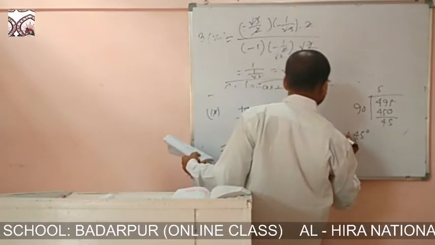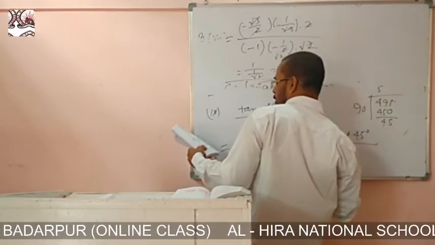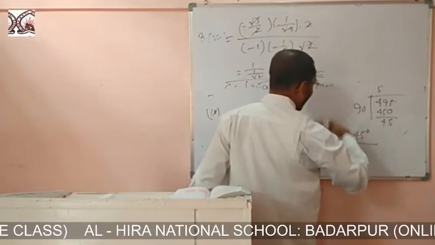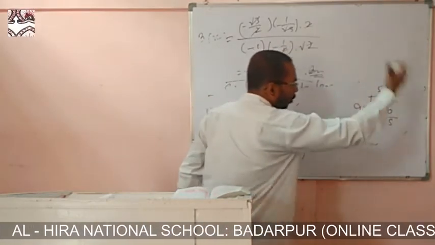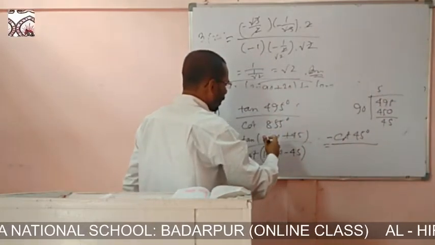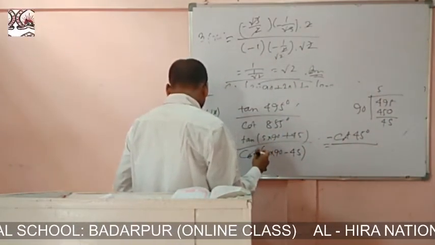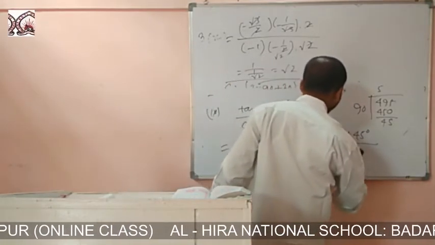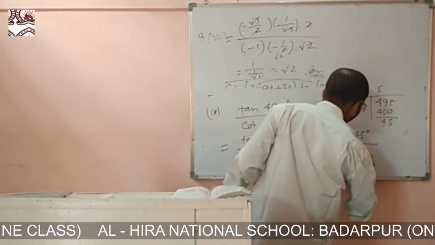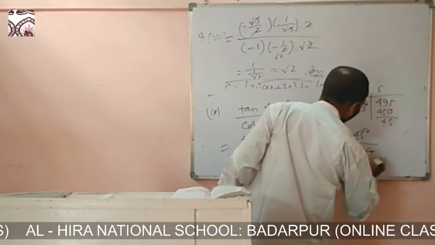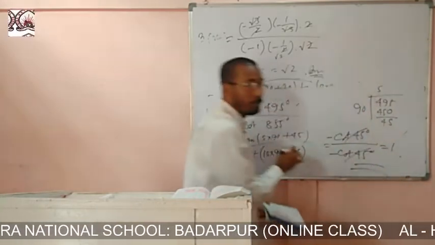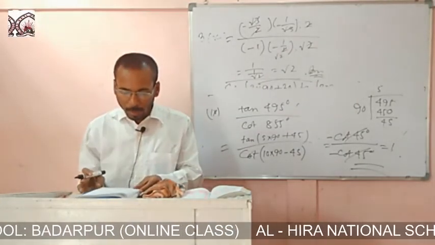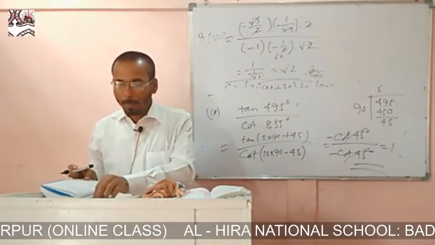So second quadrant definitely it will be negative, and this one is again 10 into 90 cot, then 10 rounds finish, one round 4, second round 8, then 2, and this will definitely be in the negative position. So minus cot 45 by minus cot 45. So cot 45 cancel. So this will be 1. So number 3 is finished. Now number 4. Number 4 exercise.